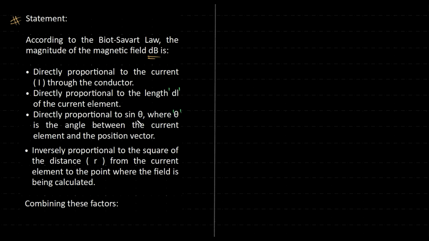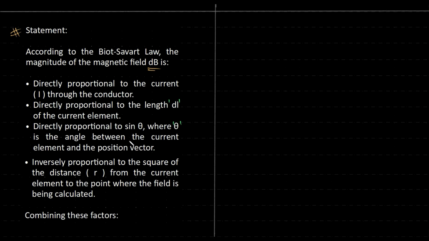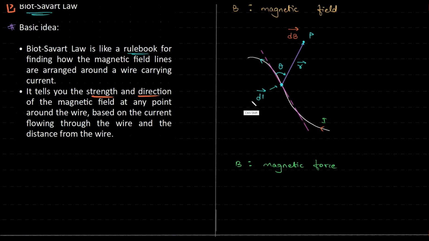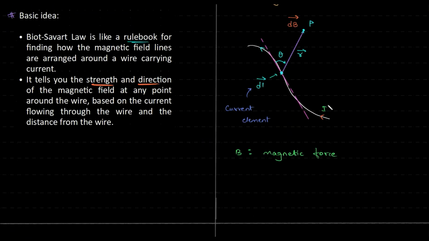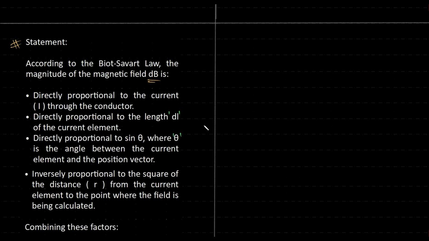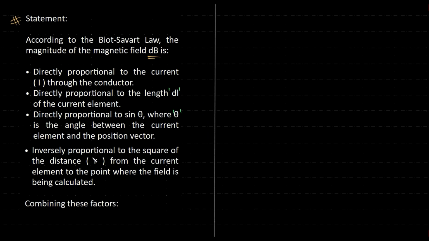It's proportional to sine theta, where theta is the angle between the current element and the position vector. This is your current element, a small one, and your current itself. And finally, it is inversely proportional to the square of the distance.